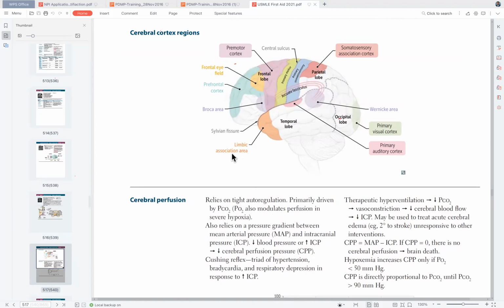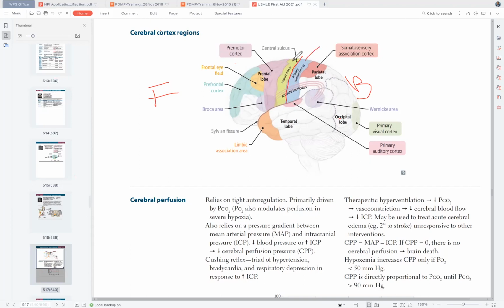That's the best way. This one does not really help, but you want to always locate your central sulcus. It's very important to locate the central sulcus. Very, very important. Then you know that this is the front and this is the back of the brain.